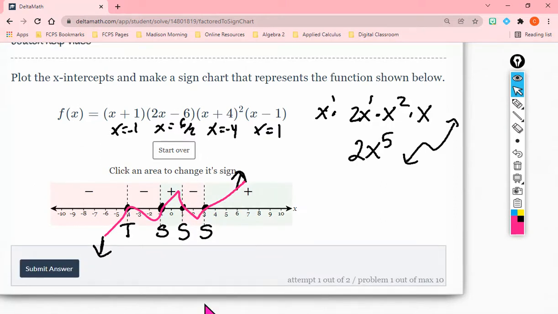That's what a sign chart is asking you. It's just asking you to tell me where the graph is above and below the axes. And I do it by graphing it. That's how you're supposed to do it. Which, right, you basically graph the whole thing and then you answer the above and below part. That's what the sign chart is. It's above and below the axes.